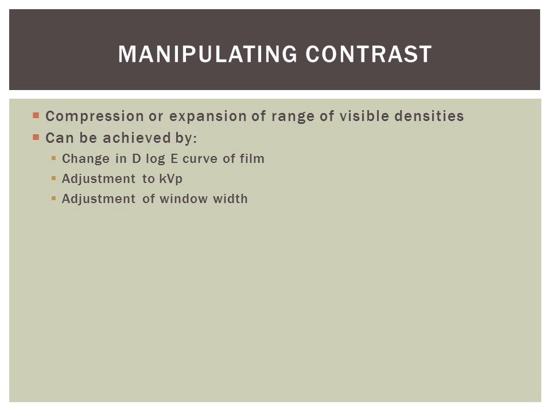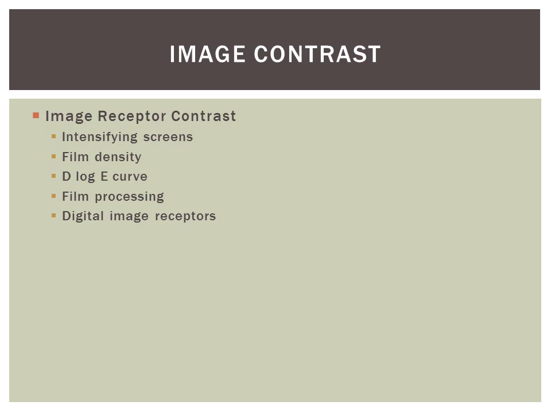Manipulating contrast: the recorded densities are a compression or expansion of the range of visible densities. They can be achieved by a change in the D-log E curve, adjustment to kVp, or adjustment to the window width. Image contrast has two types, image receptor contrast and subject contrast.